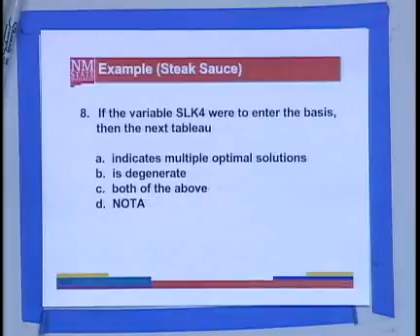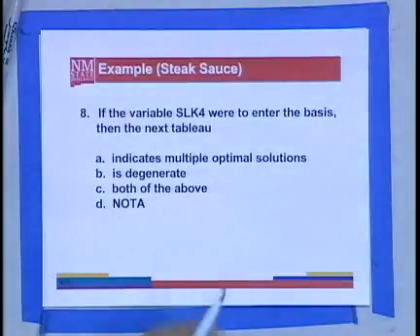Next, number 8. If the variable slack 4 were to enter the basis, which of the following is true? I think you must be able to answer this question because we have already done this in question number 6. We have ties in the minimum ratio test.